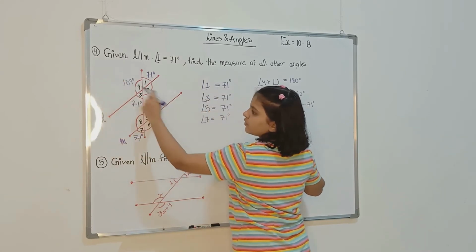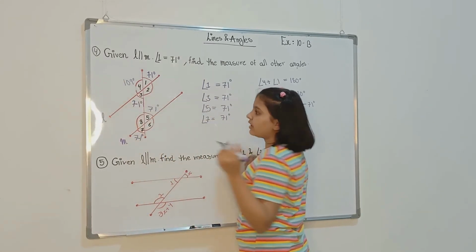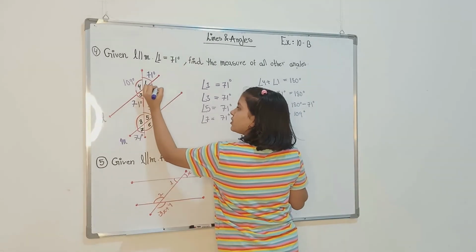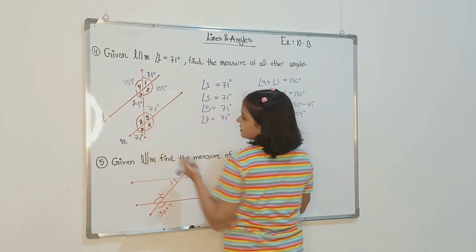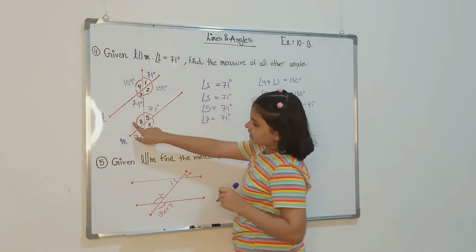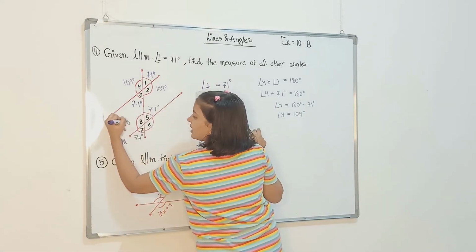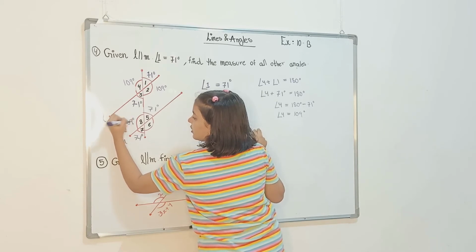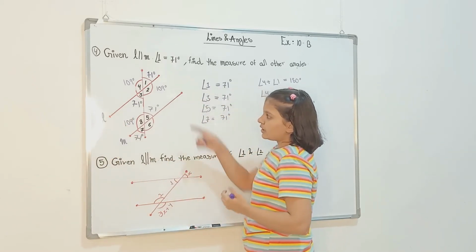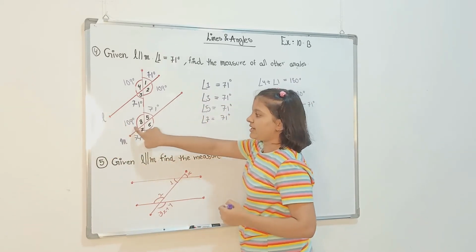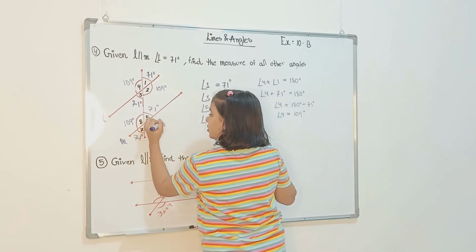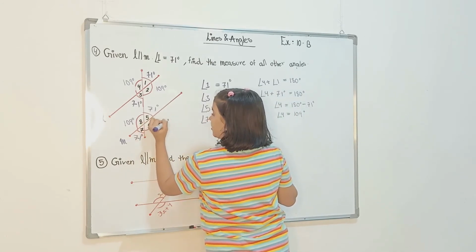These two are vertically opposite angles, which means they're equal, and angle 4 and angle 2 are equal. Again the same thing, angle 2 and angle 8 are also equal because they're alternate angles. So angle 8 is also 109 degrees. And again vertically opposite angles, which means angle 6 is also 109 degrees.